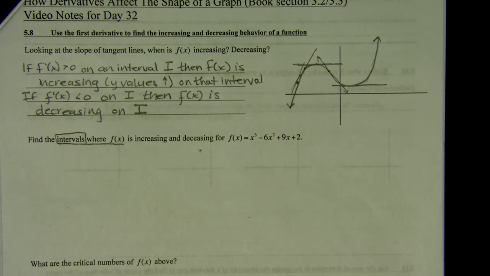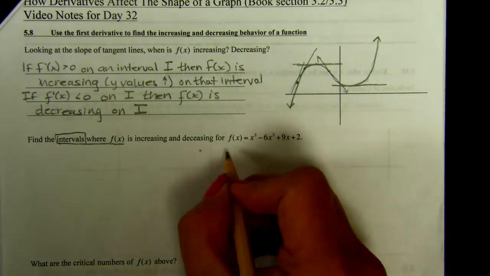So if we find those zeros, we can find the places where possibly the increasing or decreasing changes, and then we can look at what's actually happening to that derivative on either side of the 0.